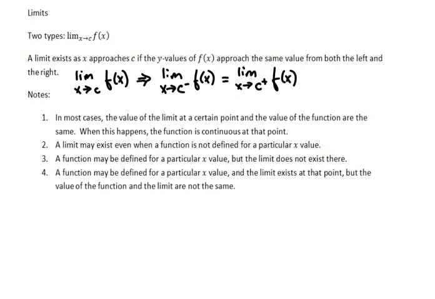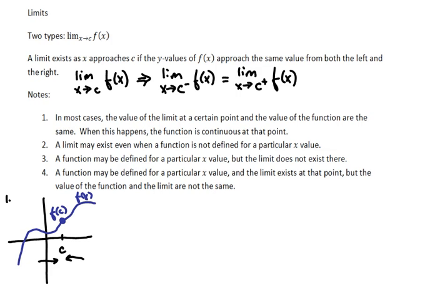Now some notes. In most cases, the value of the limit at a certain point and the value of the function are the same. When this happens, we say that the function is continuous at that point. So for example, in the first diagram at the bottom, you have the function as x approaches some constant value c from both the left and the right. The y values are headed for the same point there.